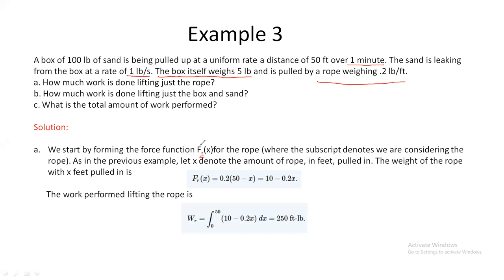Now, as in the previous example, referring to example 1, let x denote the amount of rope that is pulled in, in feet. So, x is the amount that has been pulled up. The weight of the rope with x feet pulled in is, this is the weight already. So you have the rope, this is the mass of the rope per foot, and this is the mass here.